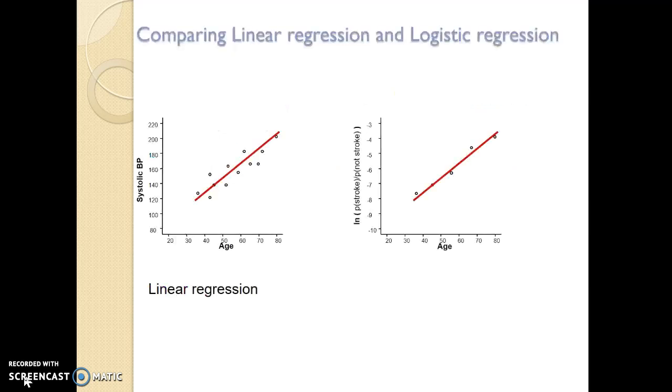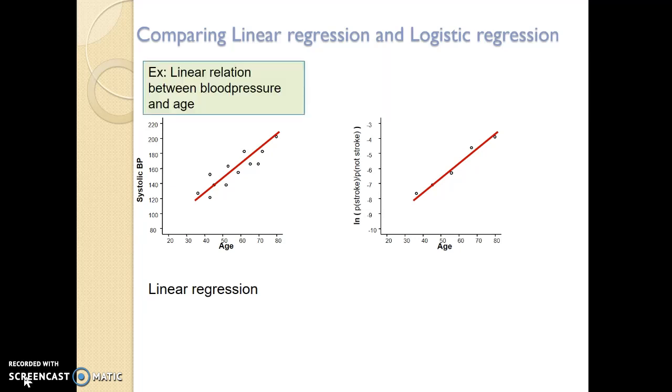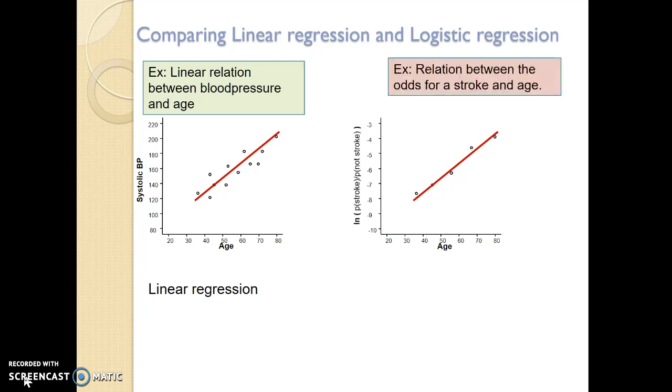To describe the model, we first compare the linear and the logistic models. In linear regression, we model the linear relation between a quantitative response and a covariate. As an example, we model the relation between blood pressure and age. In logistic regression, on the other hand, we model the linear relation between the odds for a certain event.